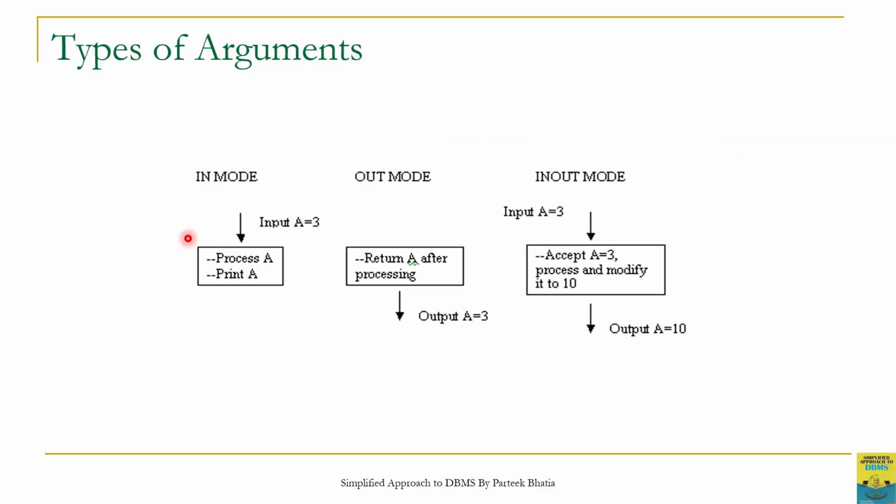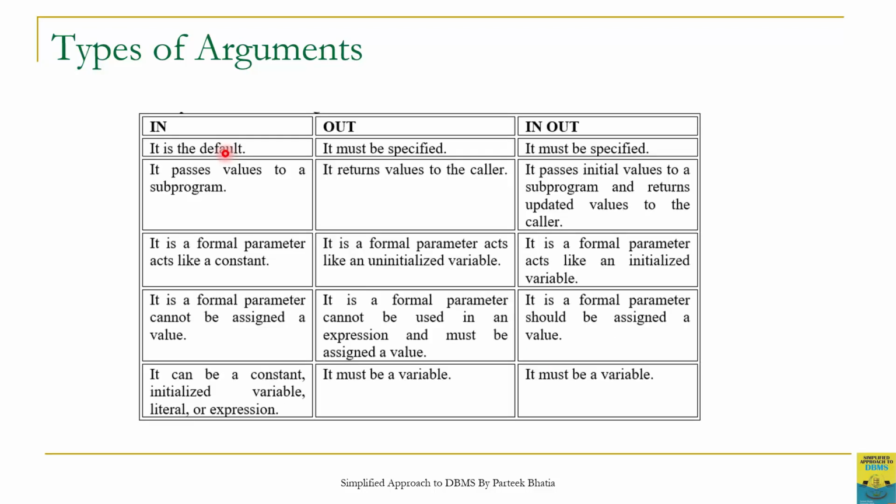So we can conclude that in in mode, initial value is passed to the parameter and it is processed. In out mode, the value is returned to the calling environment. In in out mode, initial value is passed to the subprogram and its updated value is returned to the calling environment. Now let us compare the difference between in, out and in out in a tabular manner.